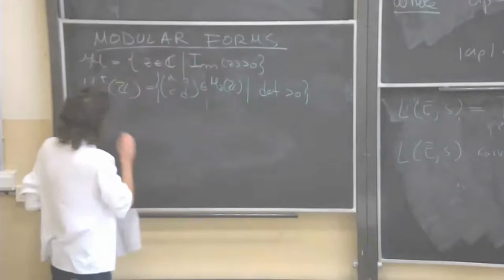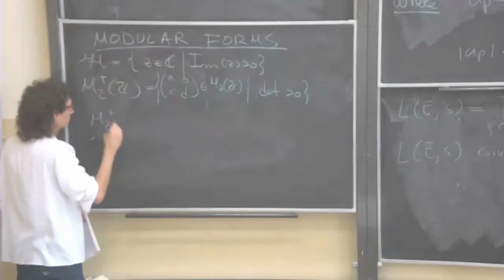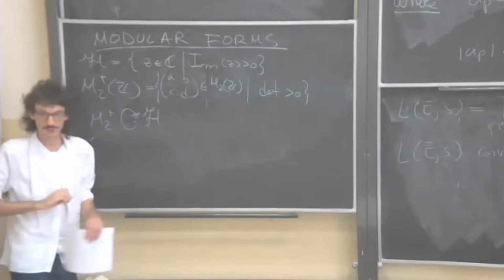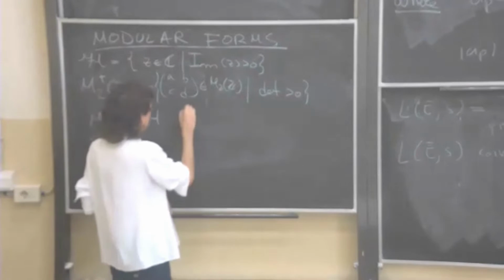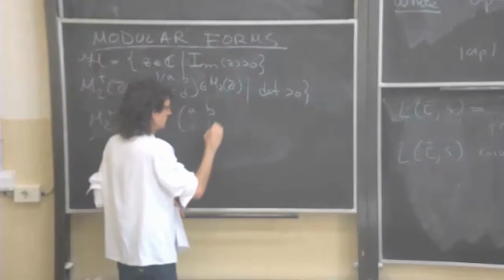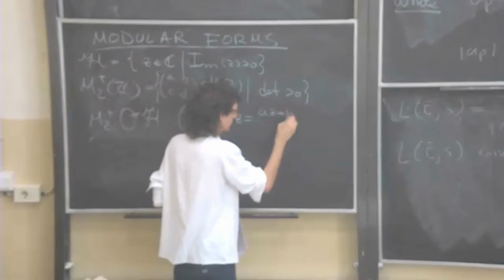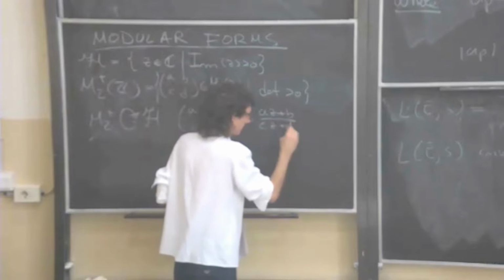And now we have an action of M2+ on H, given by (A, B; C, D) acting on z equals (Az + B) over (Cz + D).